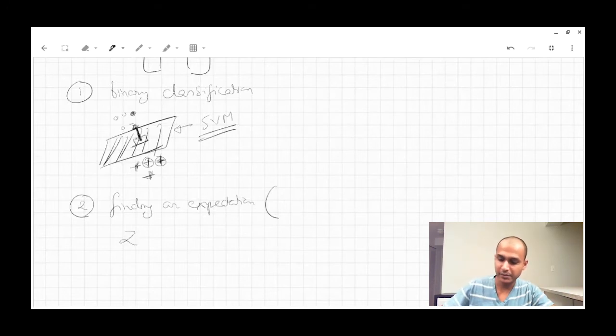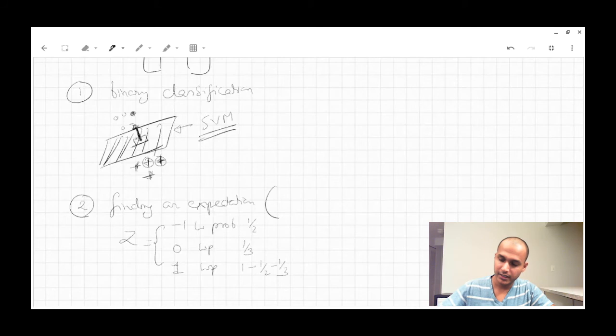Let's say there's a random variable, which I'm going to denote as z, which takes three values: -1 with probability 1/2, 0 with probability 1/3, and 1 with probability 1 minus 1/2 minus 1/3.